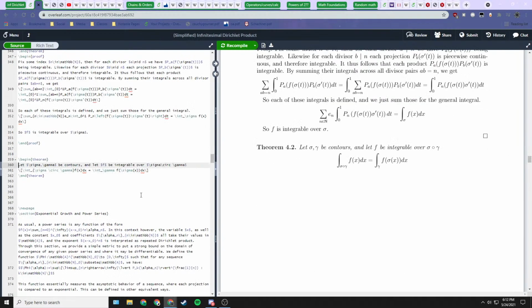Okay, so let sigma be a contour and f integrable over sigma.